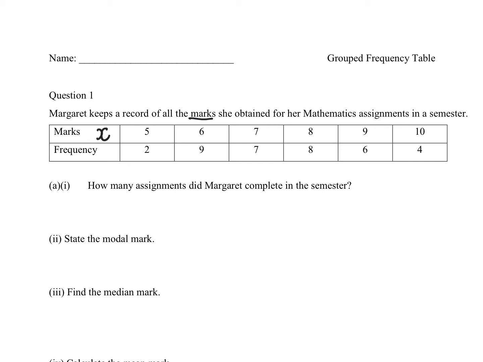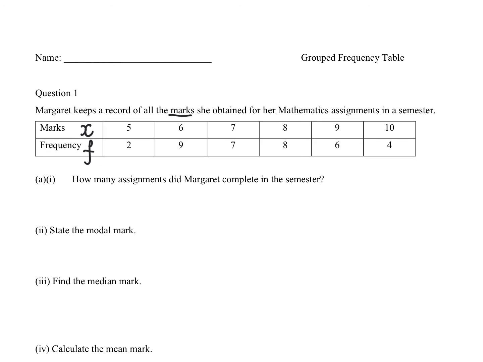And what is the frequency of this data value? All these numbers are the frequency. So 5 marks appears in 2 assignments, so 2 times. The first part of the question says, how many assignments did Margaret complete in the semester? This is asking for the total frequency, the sum of the frequency.